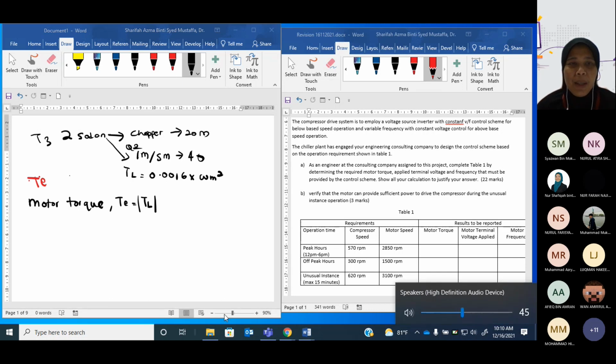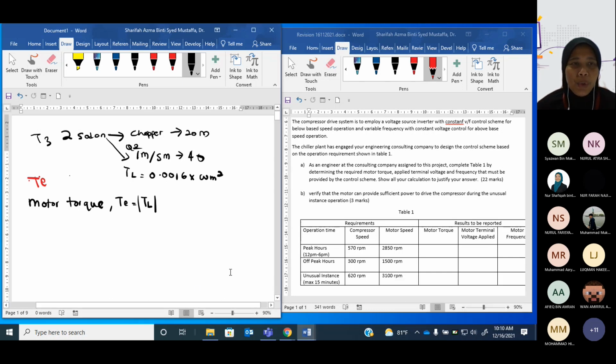Selalunya kita guna gear ratio, apa kegunaan gear ratio if given in the question? You're wasting your time lah. Load speed. Untuk speed apa? Apa relationship dia?